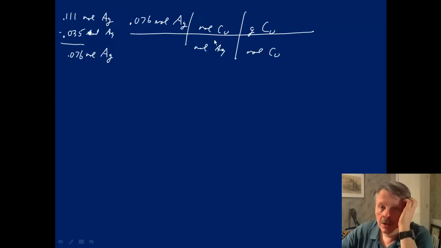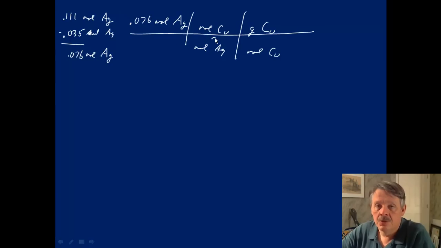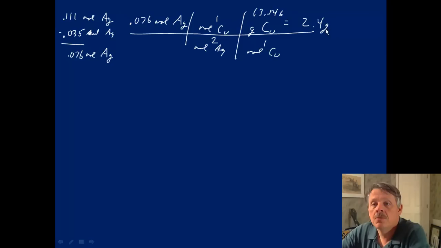If I look back at my equation, I have 2 silvers to 1 copper, and I know that every mole of copper weighs 63.546. If I multiply this out, I come up with 2.4 grams of copper was not used.